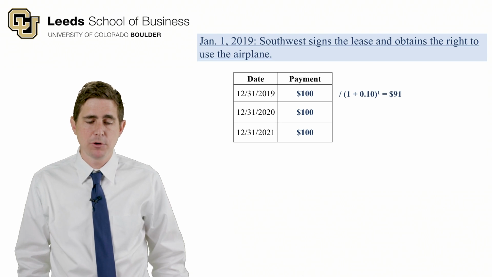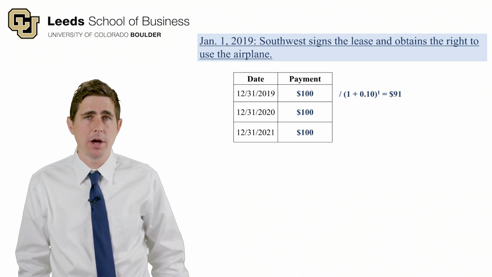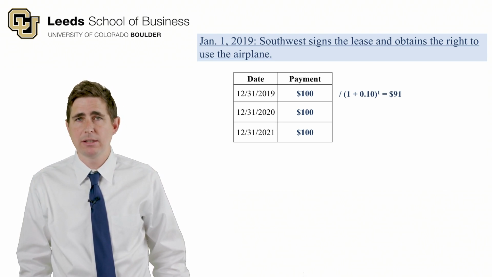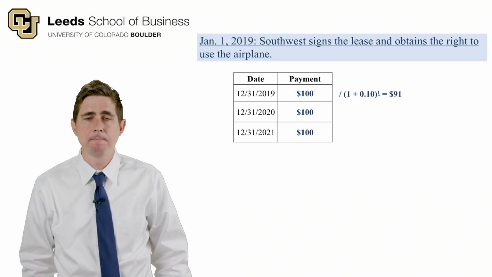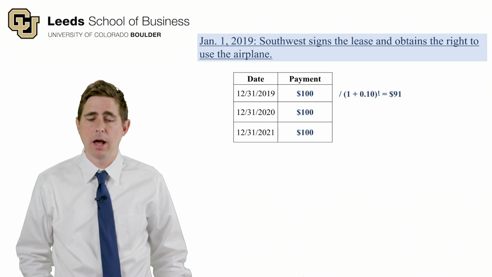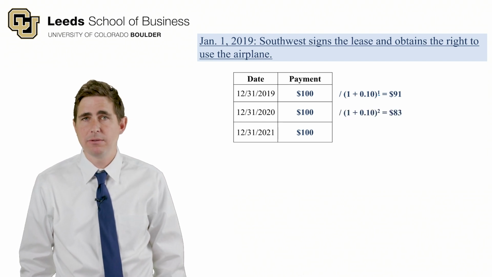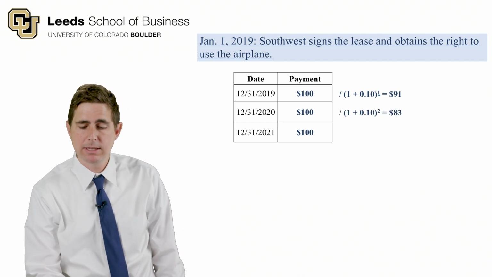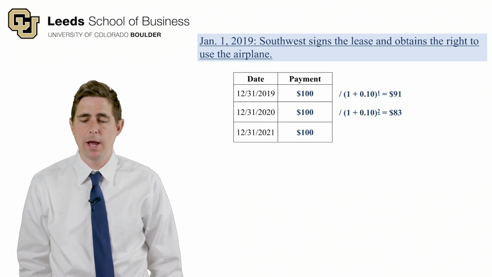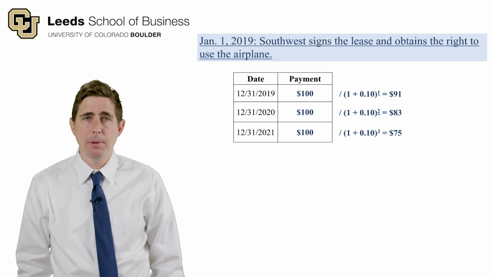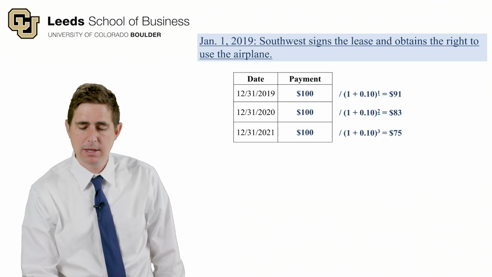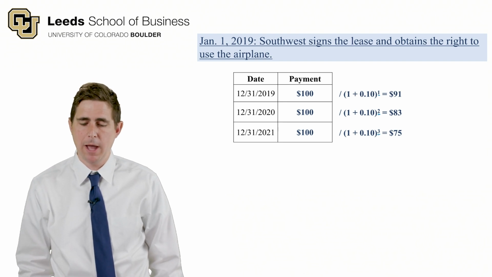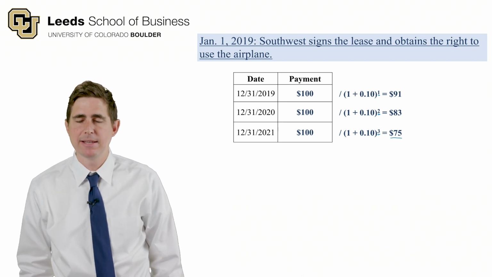The first payment is 100 divided by 1 plus the effective interest rate, raised to the power of 1, since that first payment is 1 year away, and that has a present value of $91. The second payment is divided by 1 plus the effective interest rate raised to the power of 2, since it's 2 years away. The present value of that payment is $83. And the third payment is $100 future value divided by 1 plus the effective interest rate raised to the power of 3, since it's 3 years away. The present value of that payment is $75.